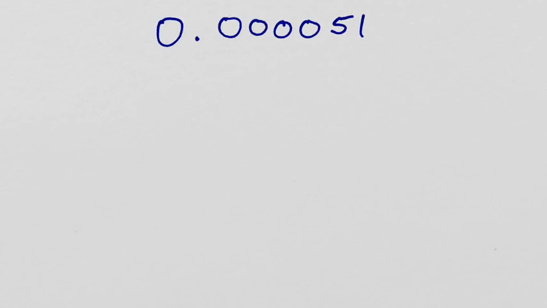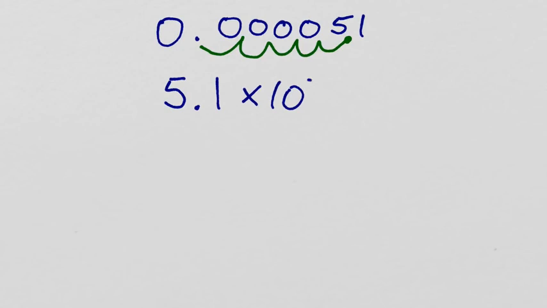So what we do is we take the decimal place and we move it over to the first non-zero digit, right there. Then we count how many times we bump that over. So that was 1, 2, 3, 4, 5 places. So our answer would be 5.1 times 10 to the negative 5.